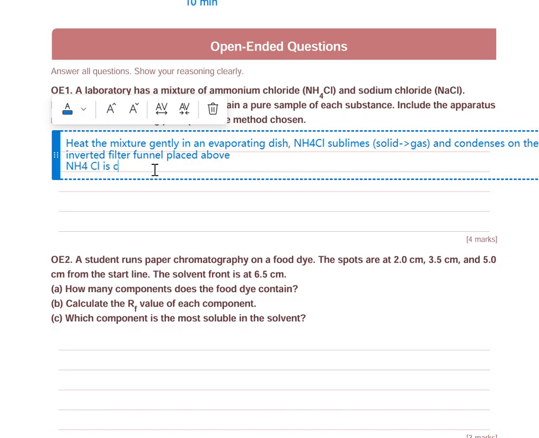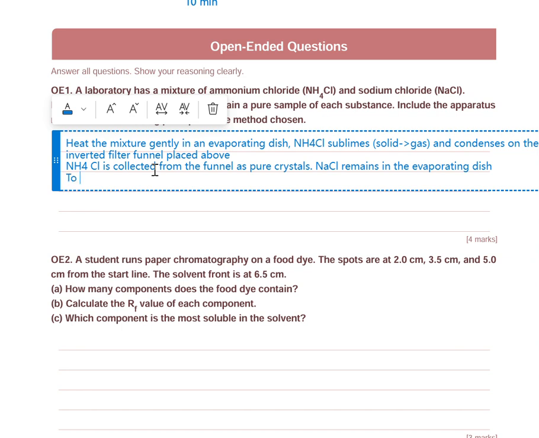NH4Cl is collected from the funnel as pure crystals. So NaCl remains in the evaporating dish. Okay.